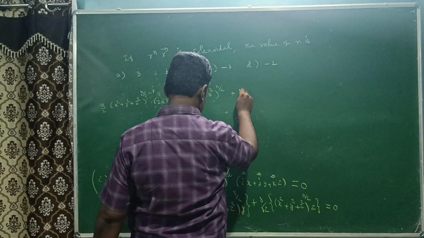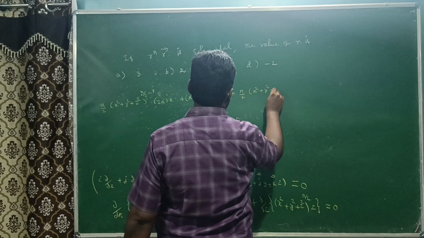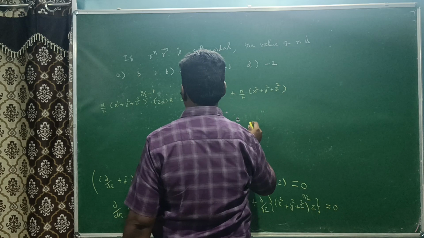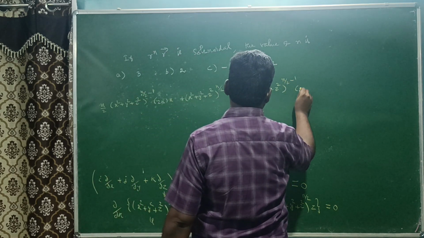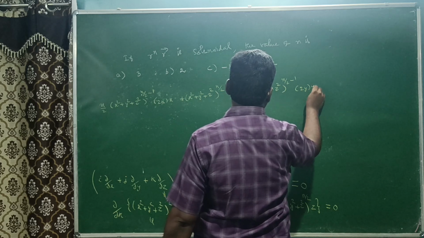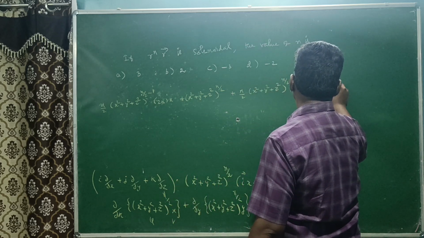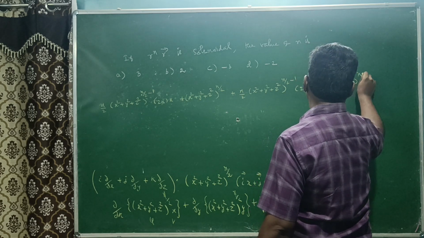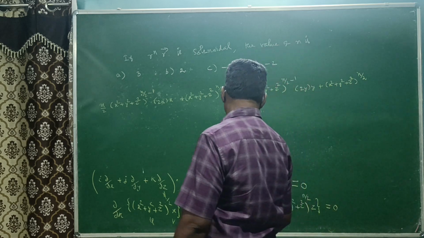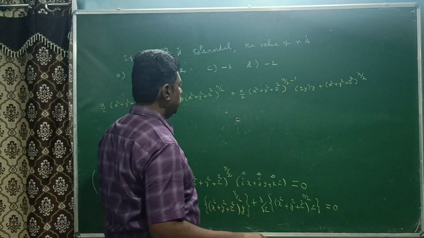Similarly, this is n/2 (x² + y² + z²)^(n/2 − 1) into 2y into y, plus (x² + y² + z²)^(n/2), because ∂/∂y of y is 1.